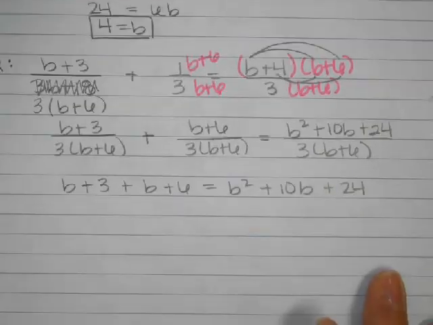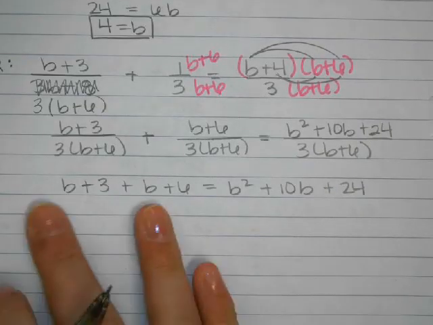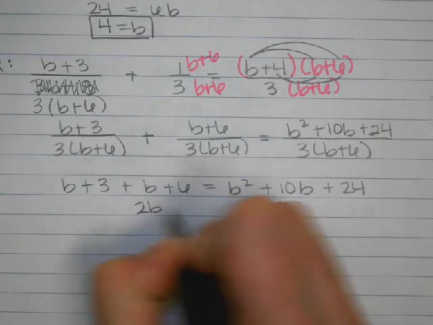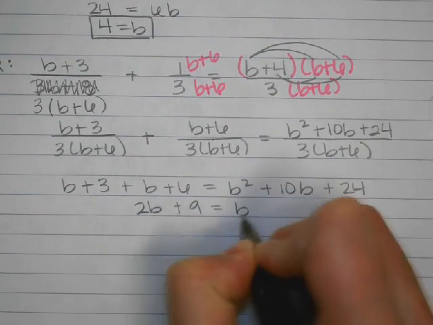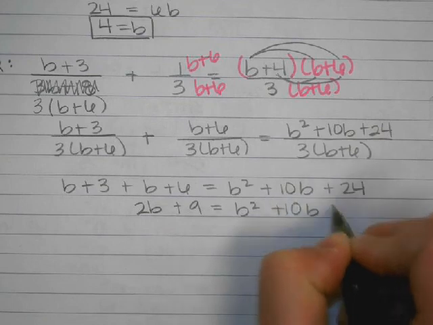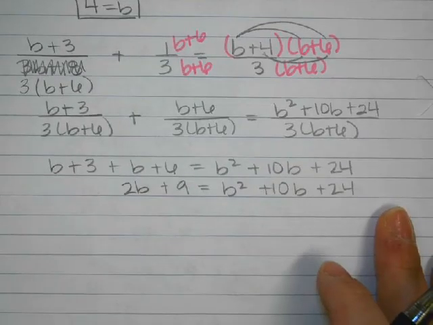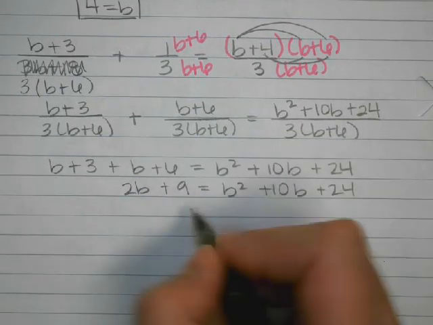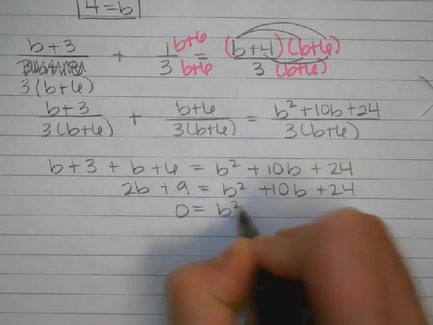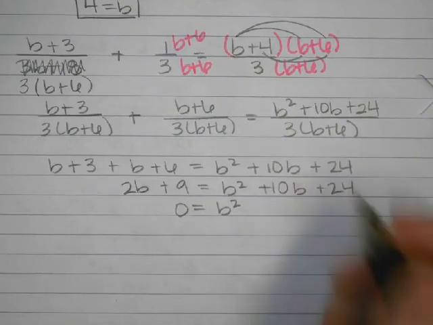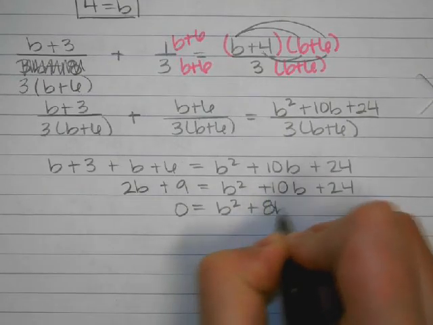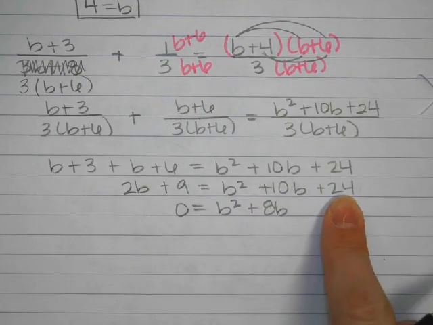Okay, so it looks like this is 2b plus 9. And we do have another quadratic, so I'm going to make it equal 0. I've got b squared, I'm minusing the 2 over here, and I'm minusing 9.